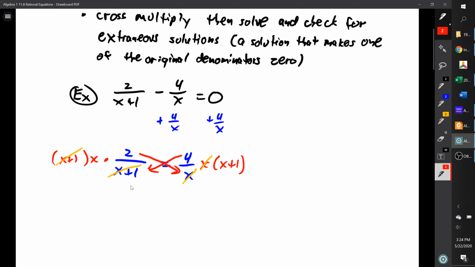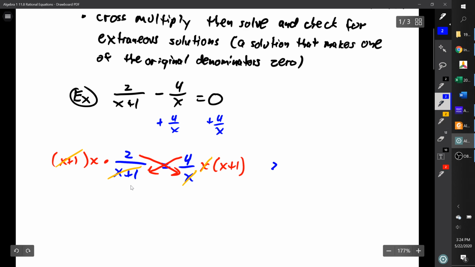You could go straight to writing it like that: numerator on the left times the denominator on the right equals numerator on the right times the denominator on the left. That'd be the cross multiply.